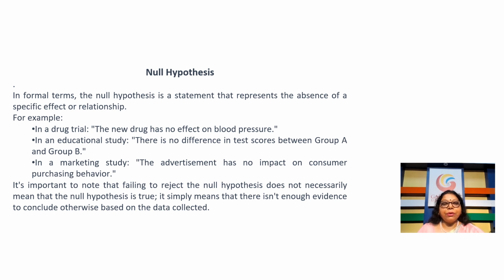So it's important to note that failing to reject the null hypothesis does not necessarily mean that the null hypothesis is true. It simply means that there isn't enough evidence to conclude otherwise based on the data collected.